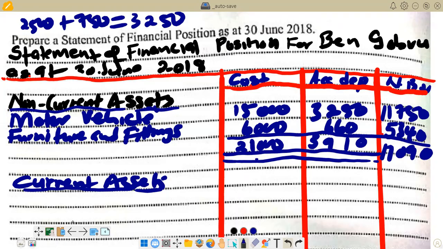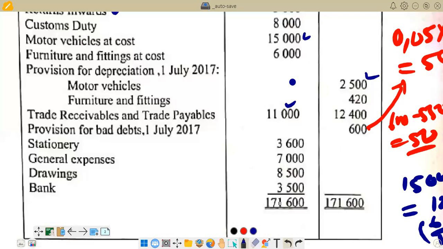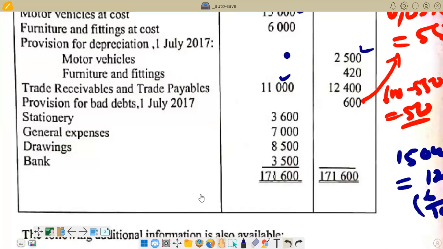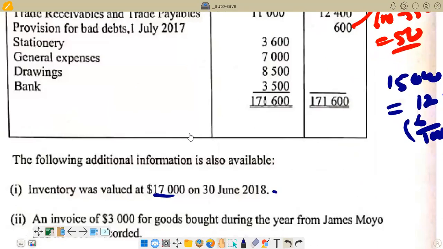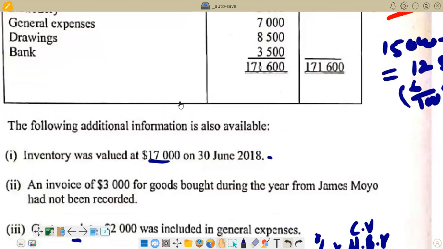So we come here to check the current assets that we have in the list of balances. You can see that in the list of balances there, we have trading inventory. We can start with trading inventory. Trading inventory, we are given in the additional information. Closing inventory is the one that we are supposed to include. So 17,000, we have it here as our closing inventory. And we also have the one for stationery.